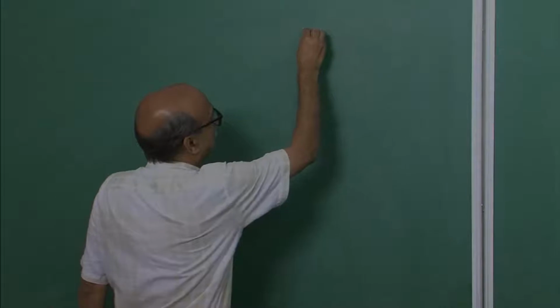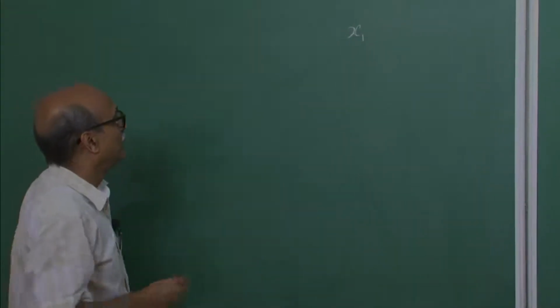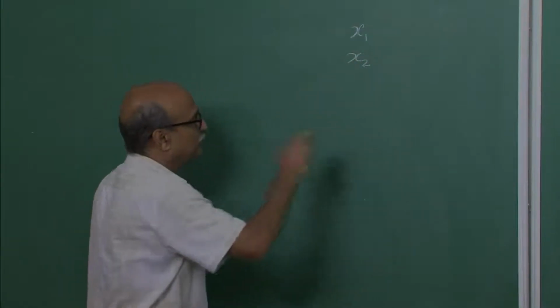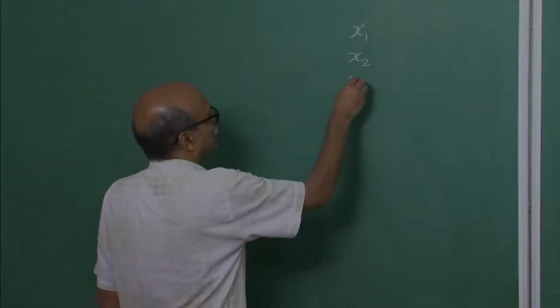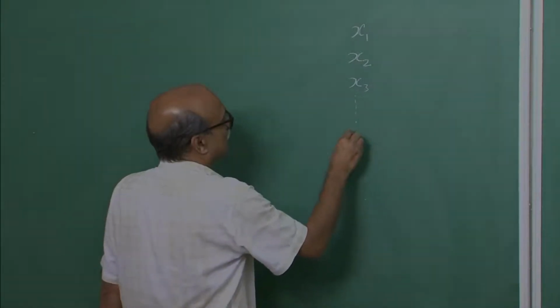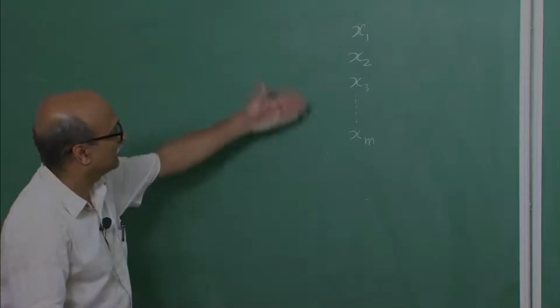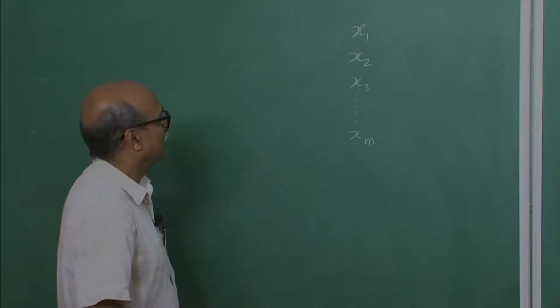In area 1 I get a volume fraction value of x1, in area 2 in the sample I get an estimate of x2, area 3 I get an estimate of x3, and so on, and let us say I have taken m such areas. So, I will have m such estimates of the volume fraction.